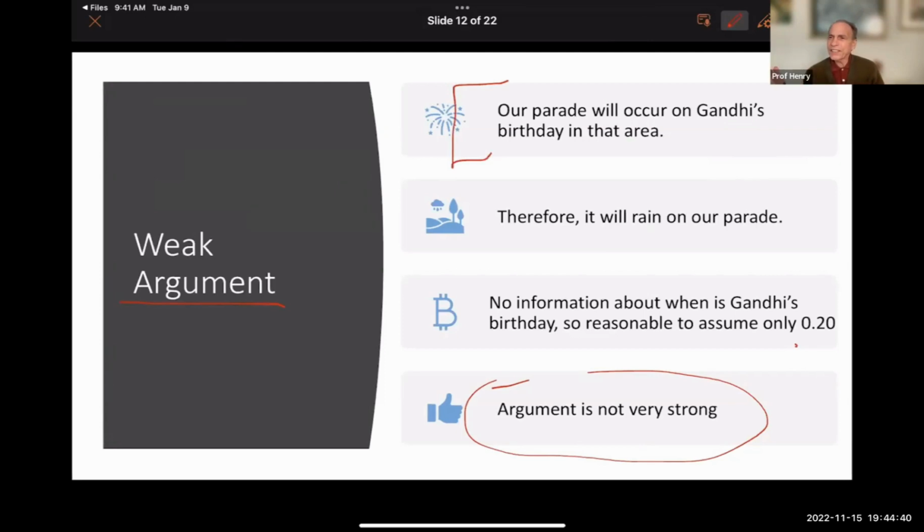Well, that's not enough, whether it's will or most likely. You can't say either of them if it's 20%. The best that you could do is 20%.